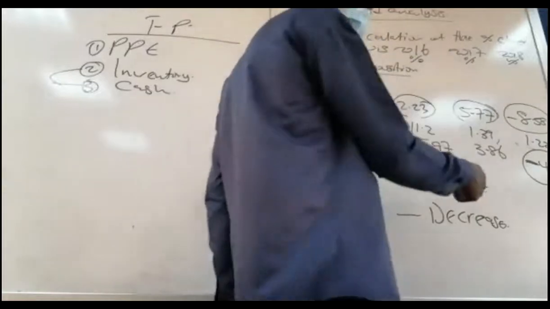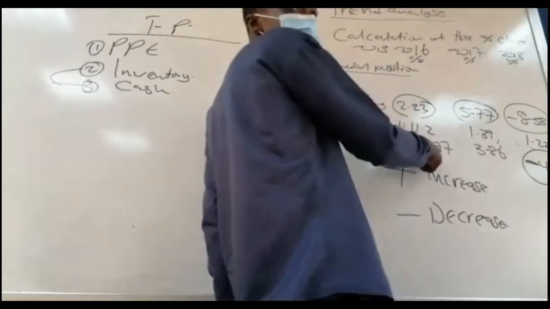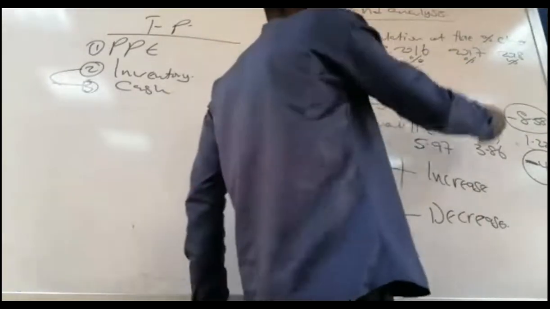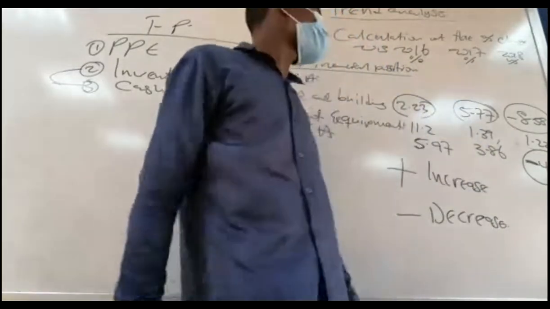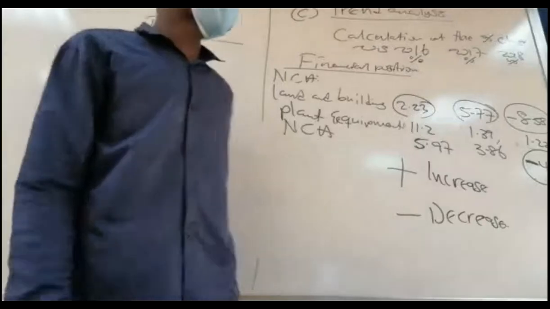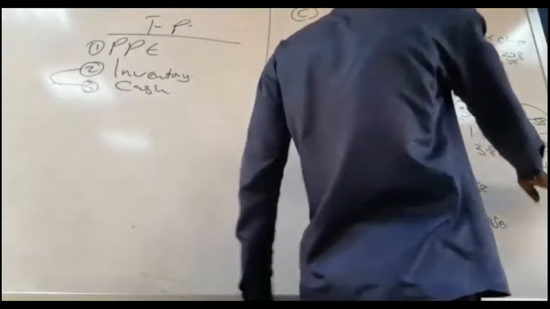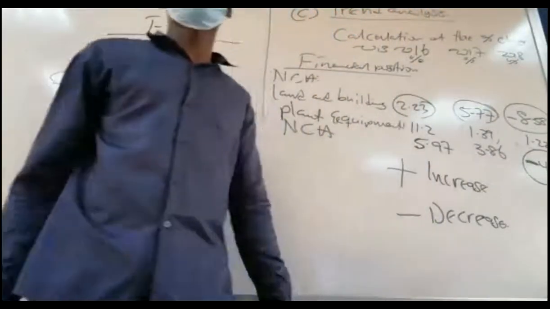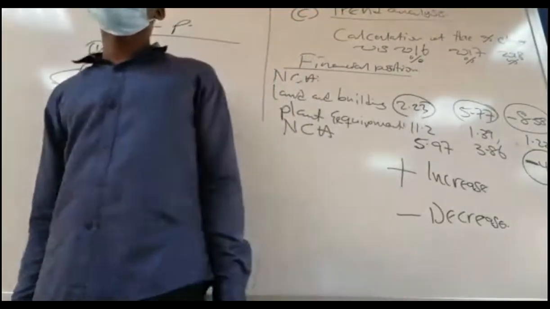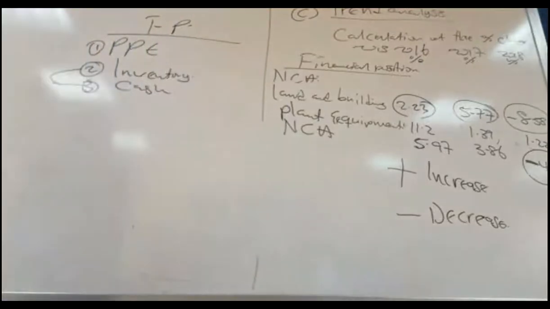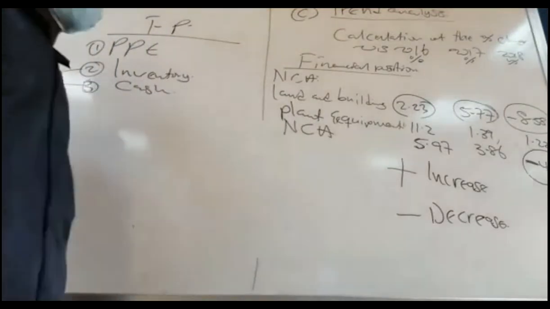And a further increase of 3.86 in 2019. However, in 2018, it decreased by 4.40. How do we get it? So that's how we provide the interpretation to that of the trend analysis.